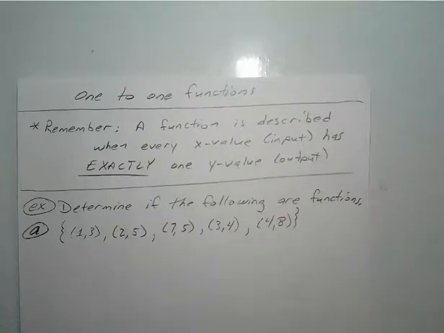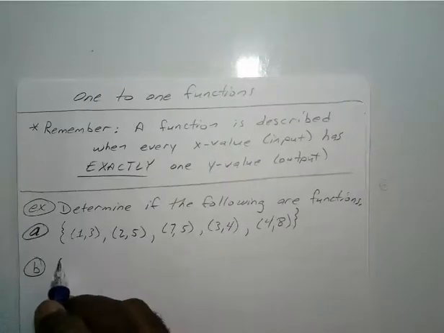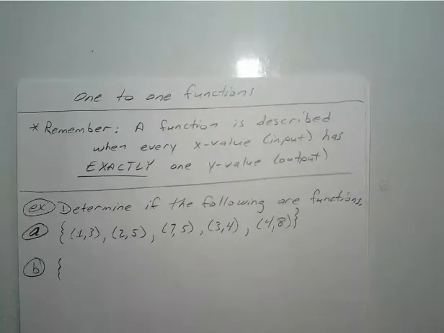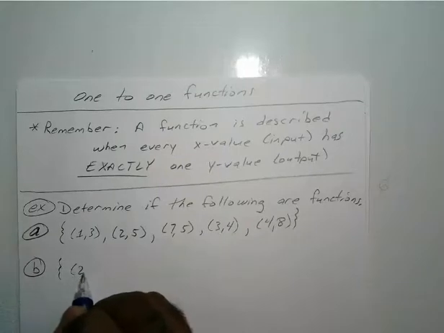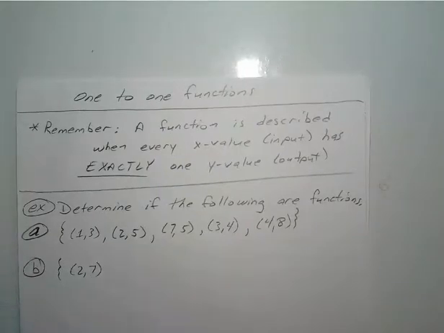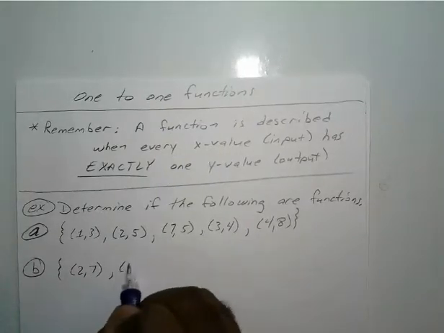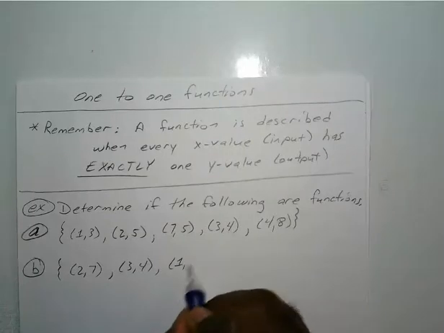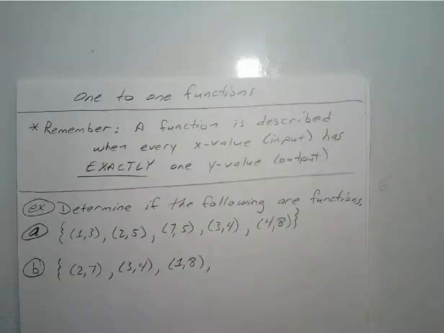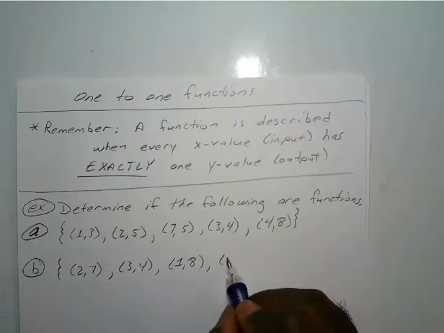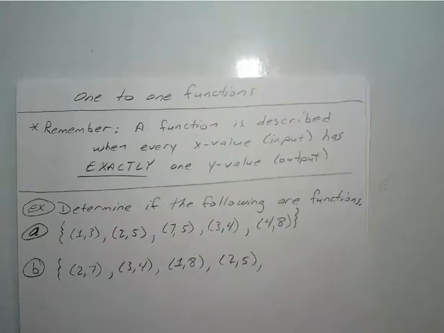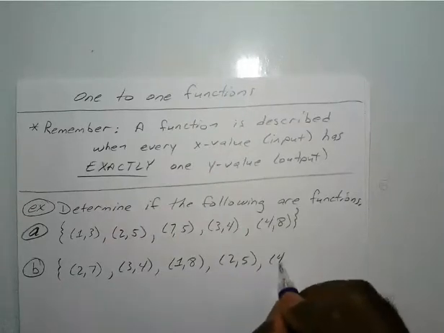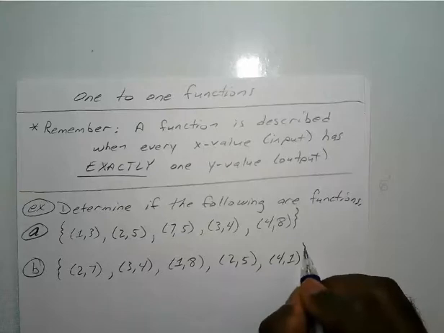And for problem B, we have the ordered pairs 2, 7; 3, 4; 1, 8; 2, 5; and 4, 1.